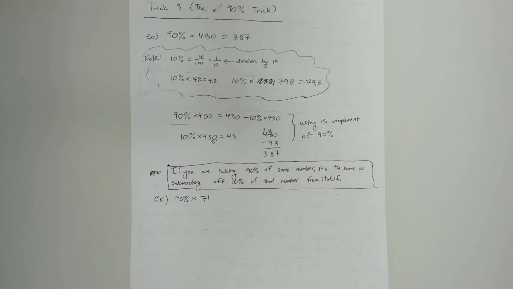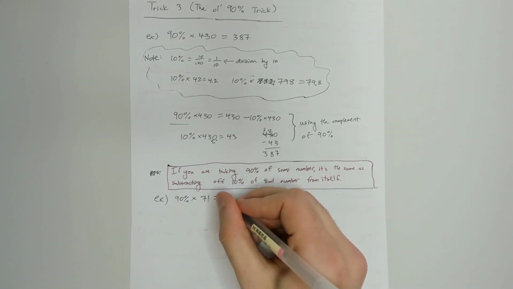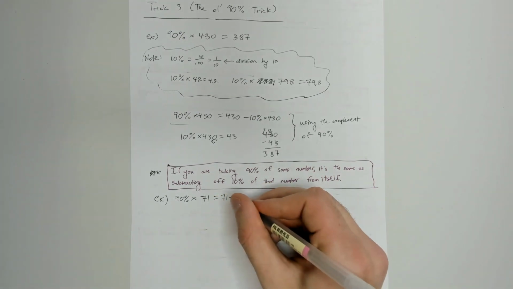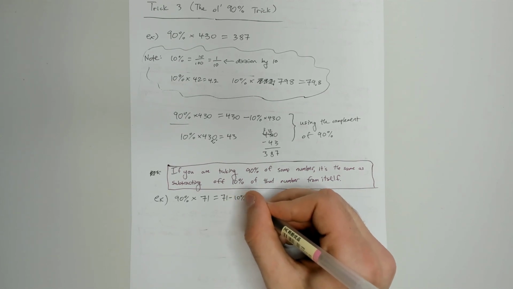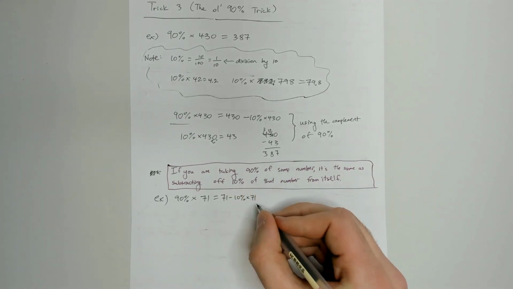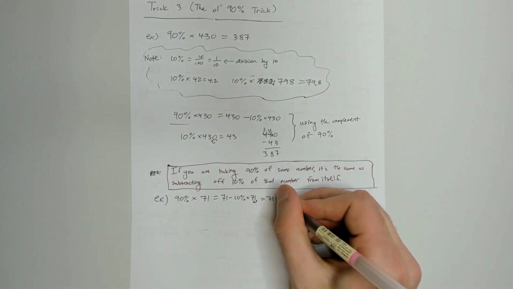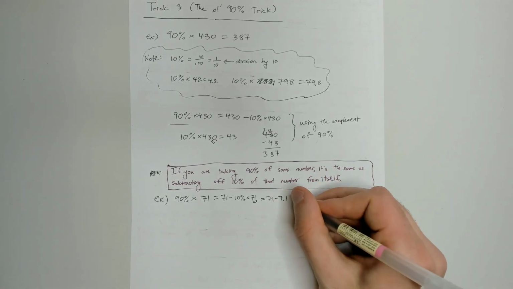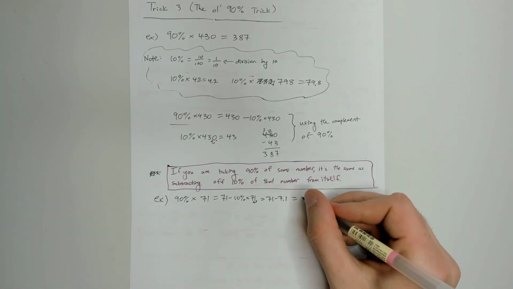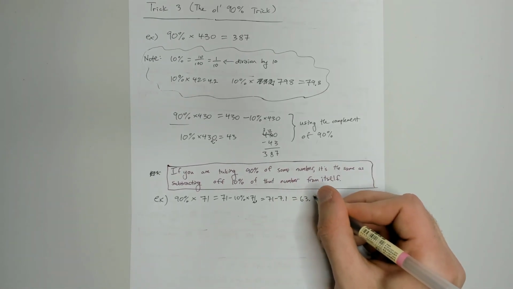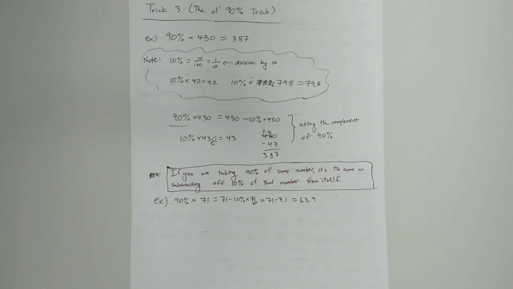So what we're going to do is the same thing as 71 minus 10% of itself. 10% of 71 just takes the decimal, slides it over, right? 10% is just division by 10. So it's going to be 71 minus 7.1. And that should be 63.9.